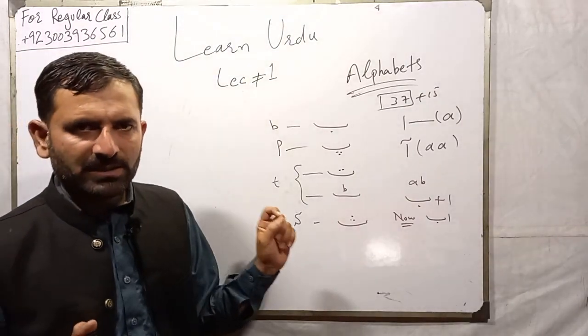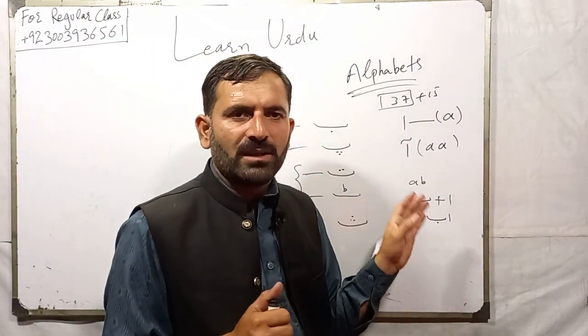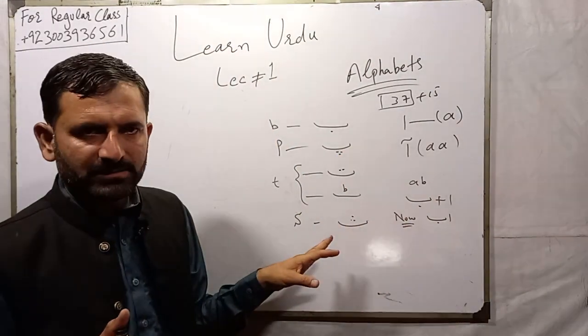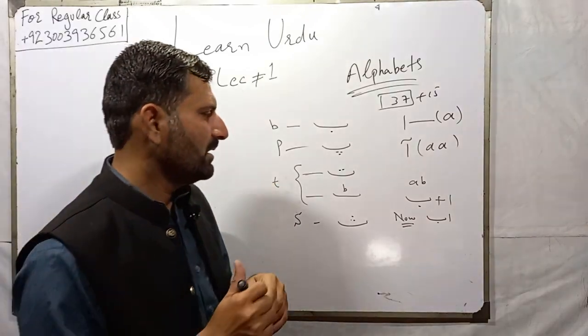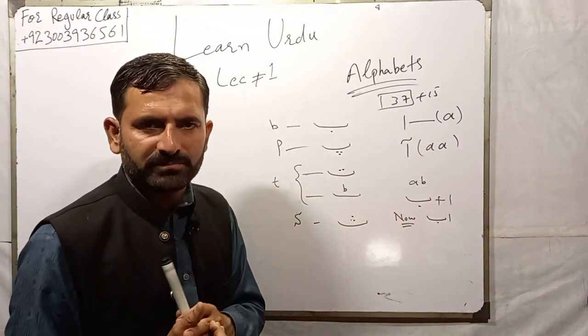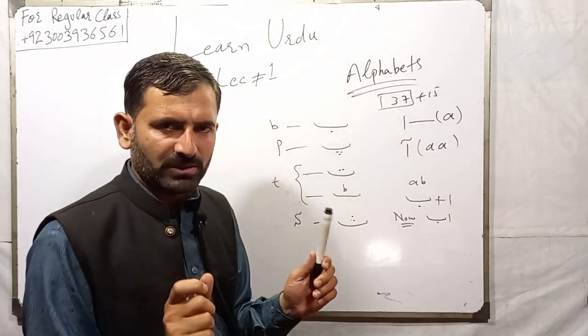You have to try to read letters in the proper way and try to make words from these letters. Like Be, Te, but. Be and Te make but.